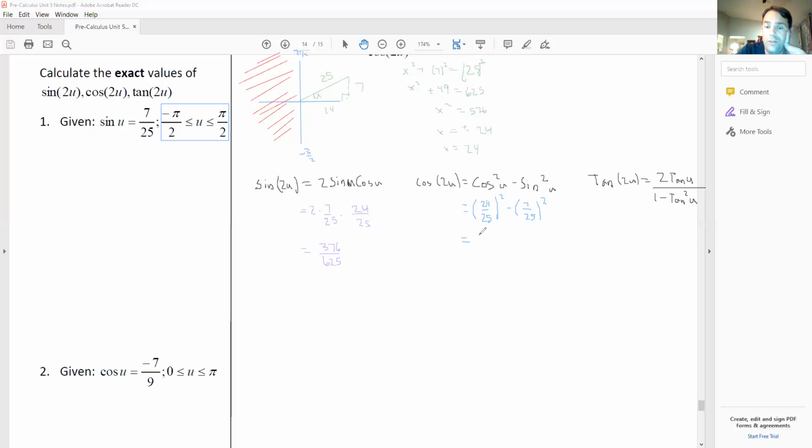So 576 over 625 minus 49 over 625. And we're left with 527 over 625.